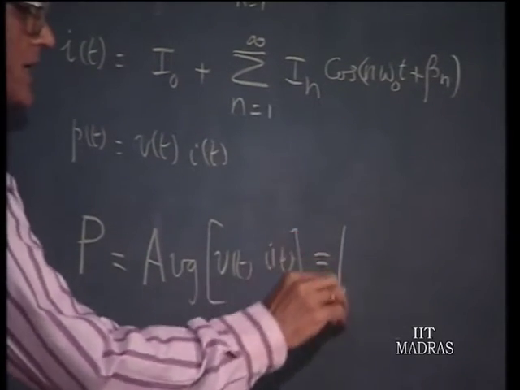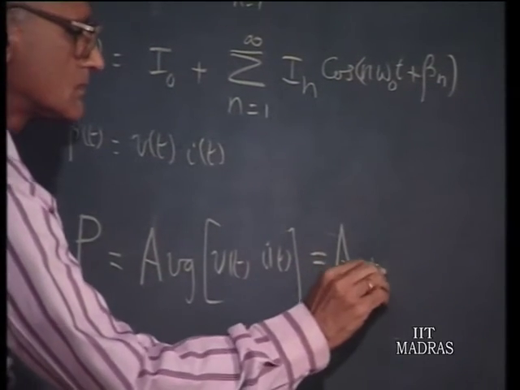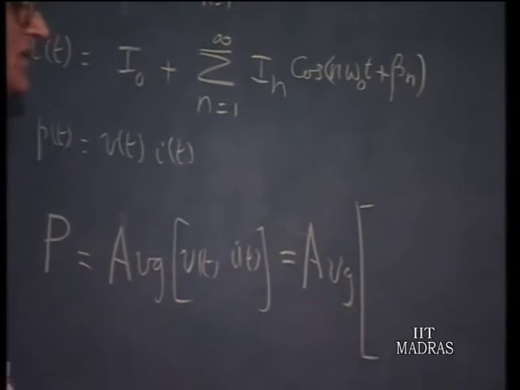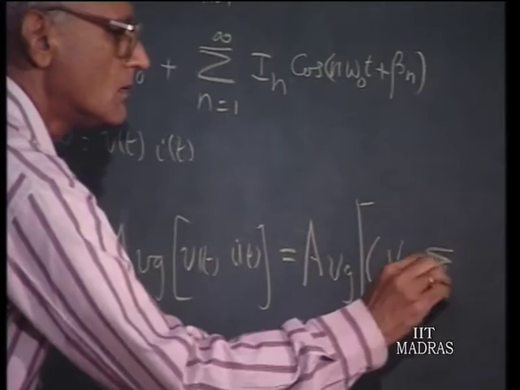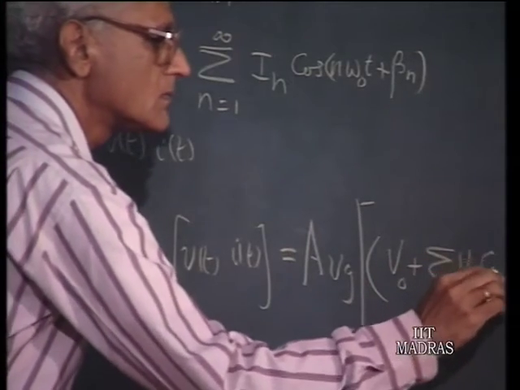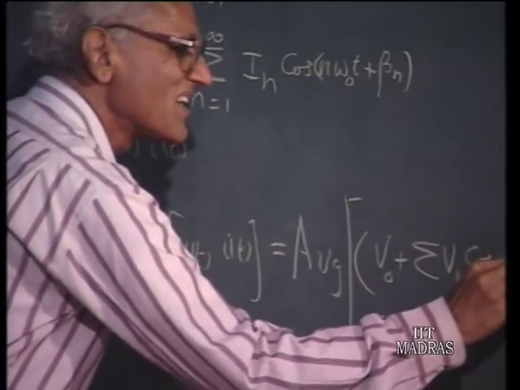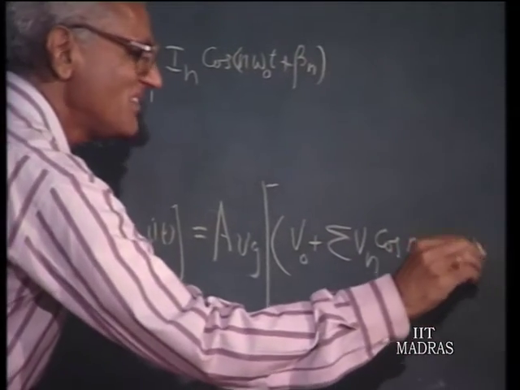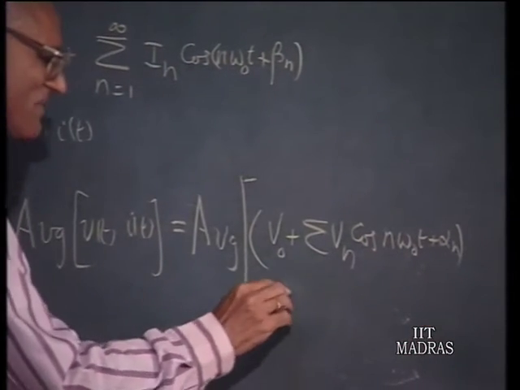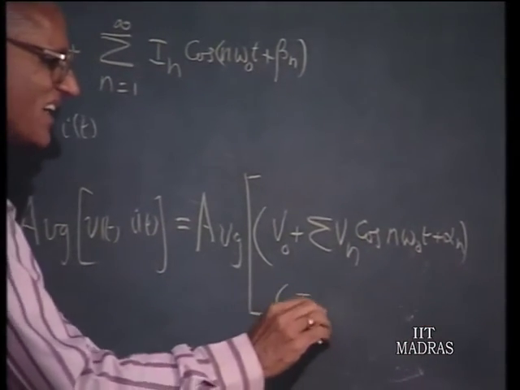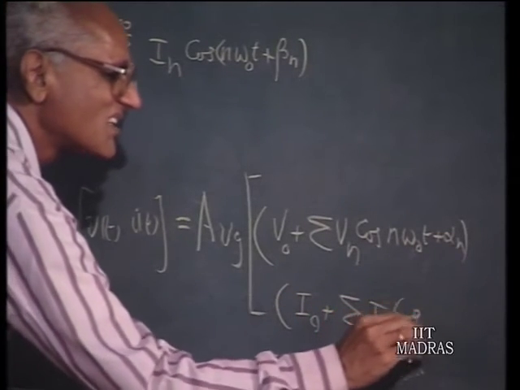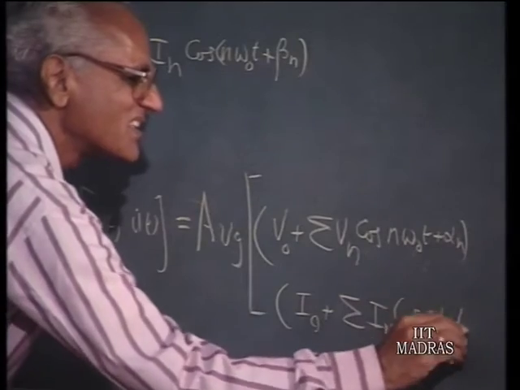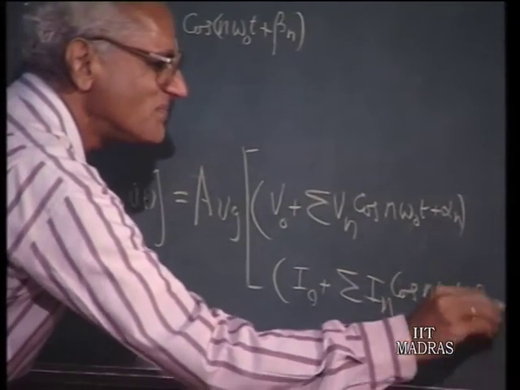So you have the average of V naught plus Vn cos(n omega naught t plus alpha n) multiplied by I naught plus In cos(n omega naught t plus beta n).